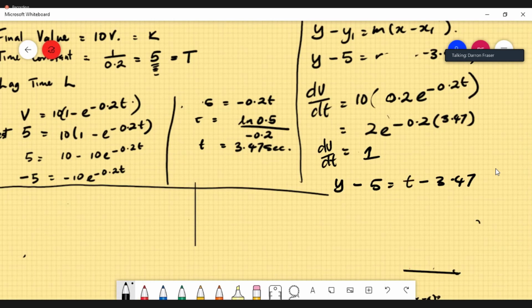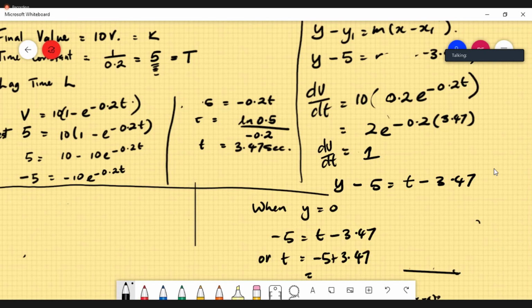So when y equals 0, we're going minus 5 is equal to t minus 3.47, or t is equal to minus 5 plus 3.47. Again, problems again.